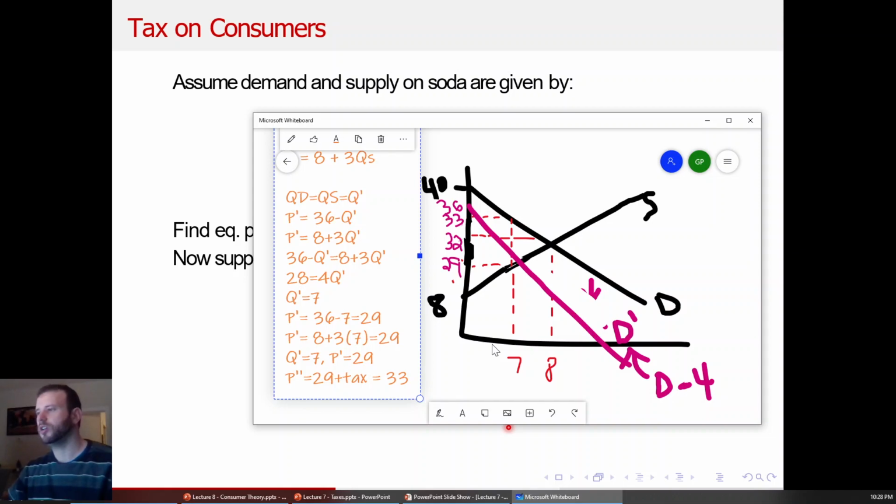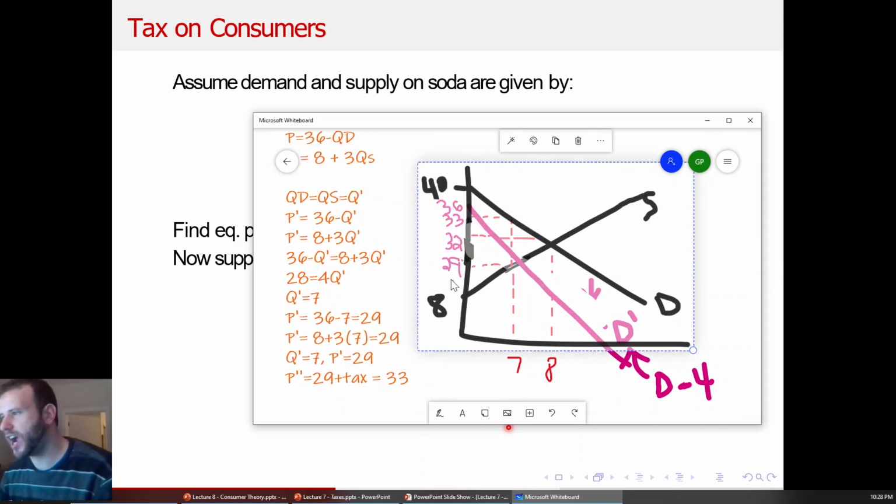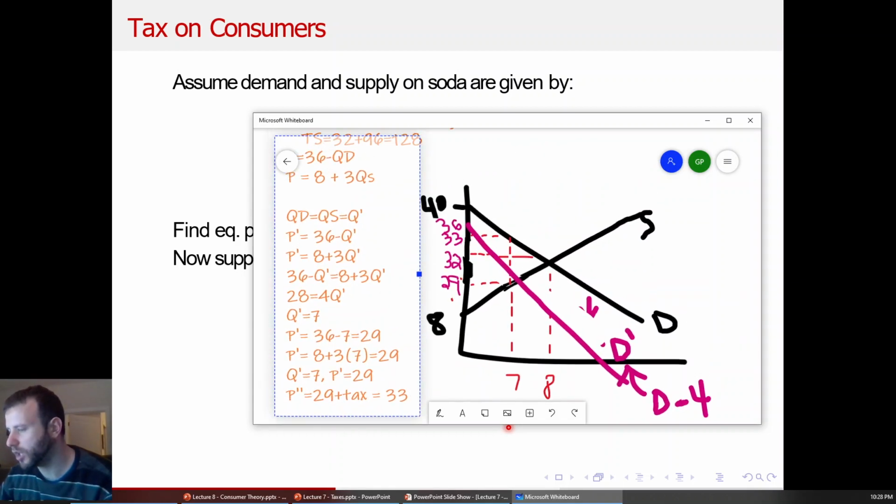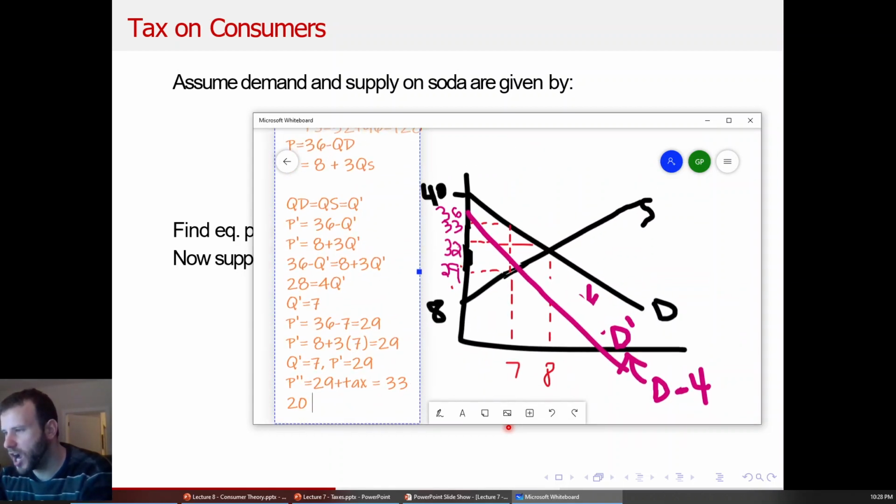Okay, so I like to give the 29 and I like to give the 33 a name.